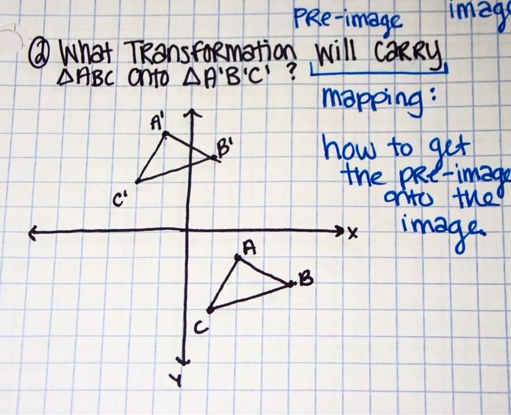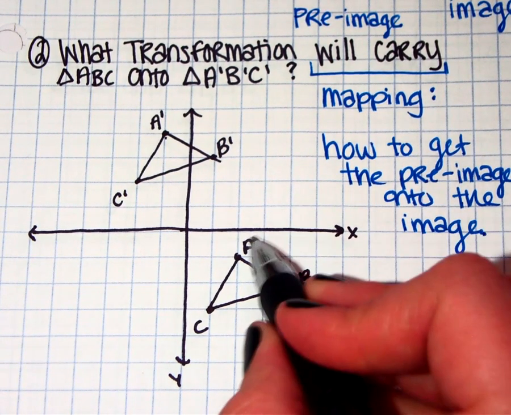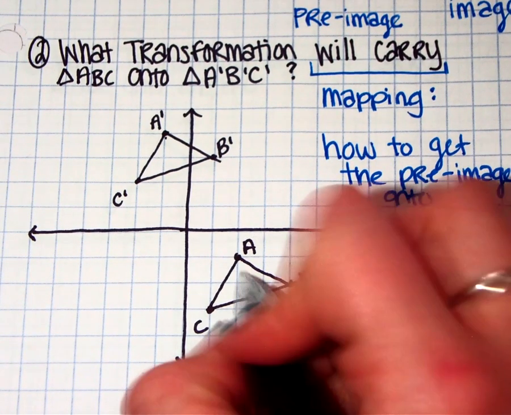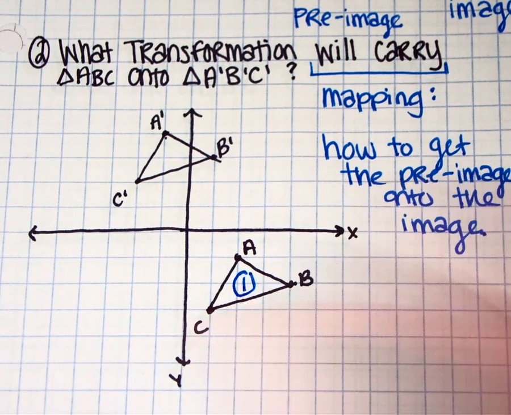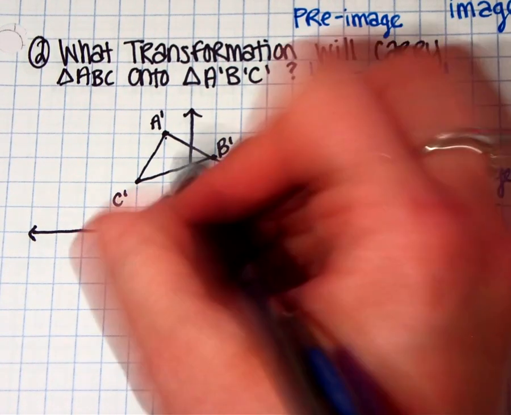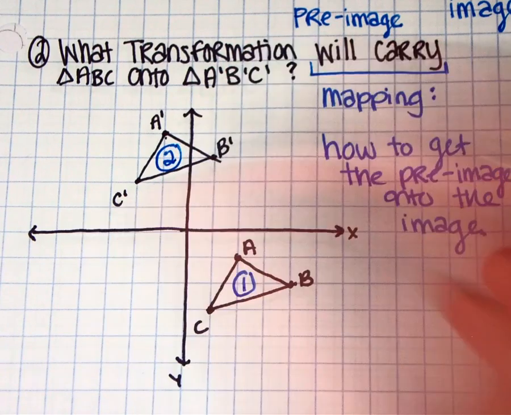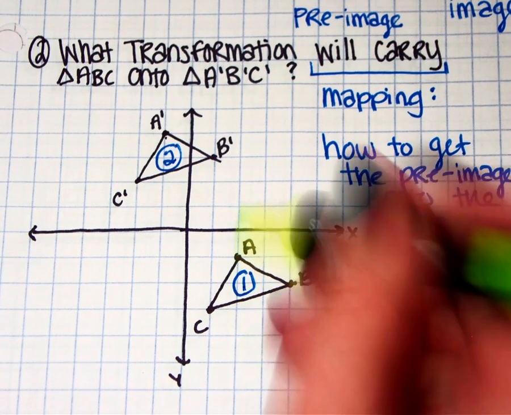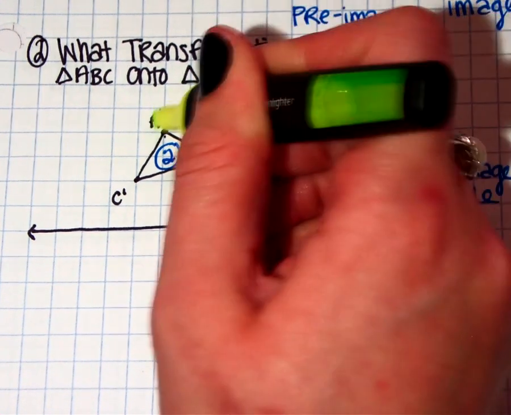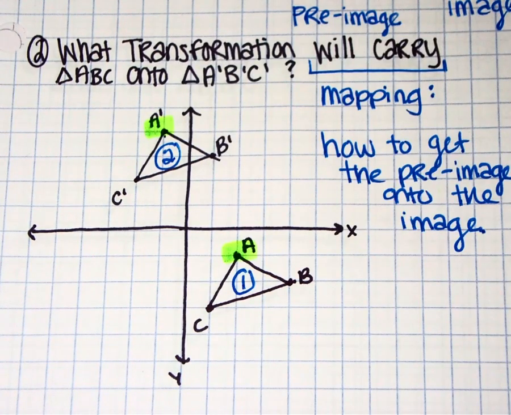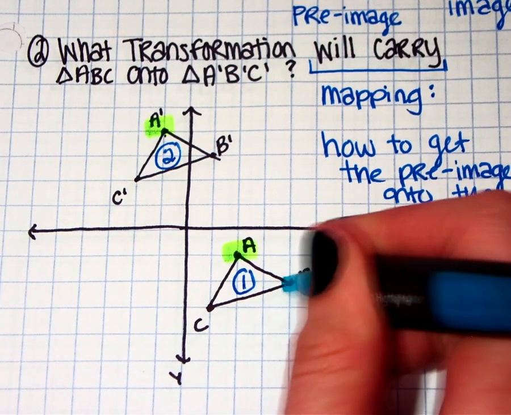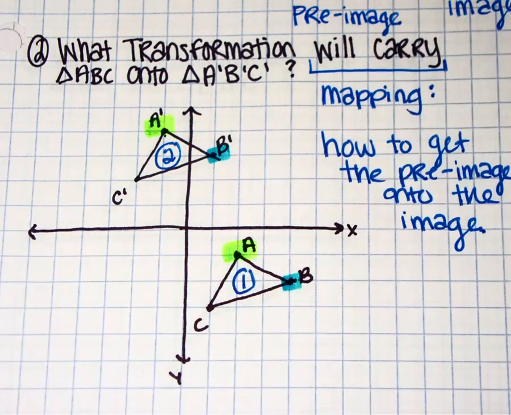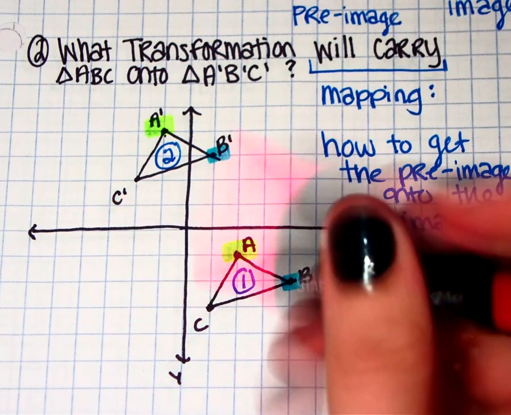So it's really important that you understand the notation when it comes to image versus pre-image. So looking at your picture, the pre-image is the figure without primes. So this is the first, and we're trying to map the first triangle onto the second triangle. Basically, you're just going to tell me how to get from triangle 1 to triangle 2. It's really important that when you map, point A does end up on A prime, point B must end up on B prime, and point C must end up on C prime.